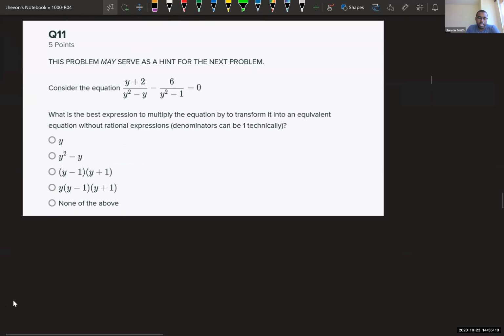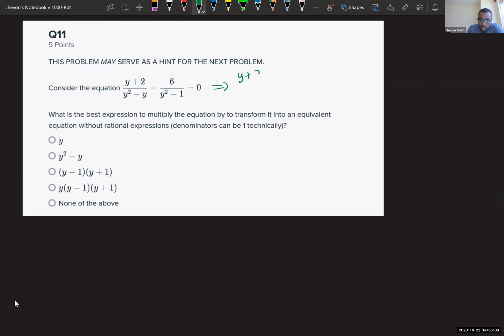So this may serve as a hint for the next problem, meaning you could do the next problem without even worrying about your answer here. But I think if you got the answer here, it would make the next problem easier. And this is a matter of the best thing to multiply by. We know that this is the LCD.